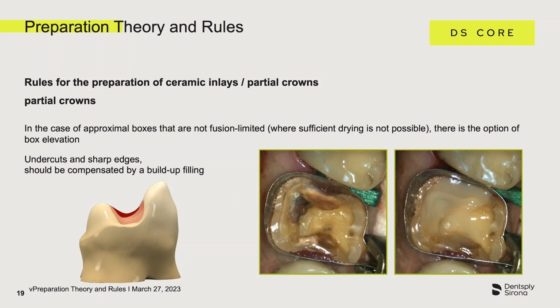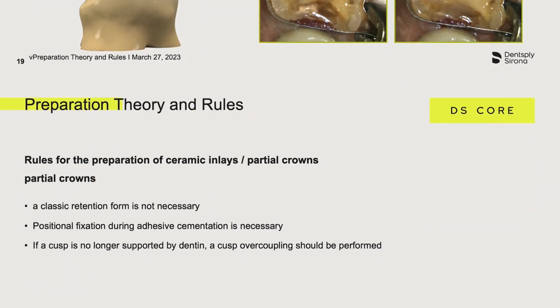You can see a clinical example on the right side, where the distal box was elevated by a deep margin elevation. This is where our restoration then comes to rest in the composite. Furthermore, as with all other ceramic preparations, undercuts and sharp edges should be compensated by a build-up filling.